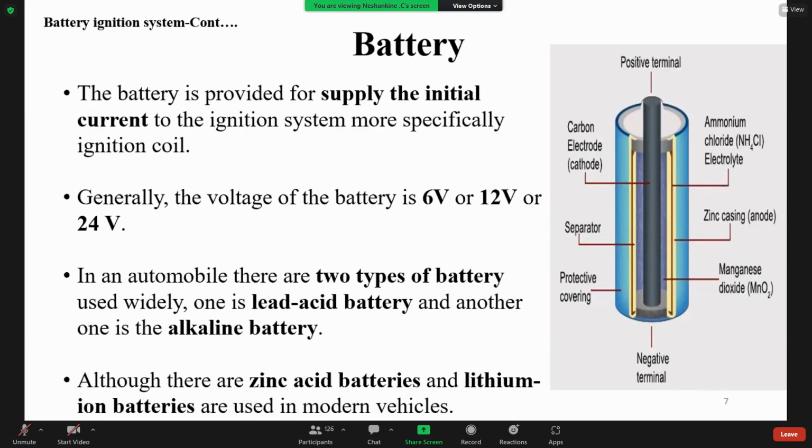In your discussion part, you have to discuss or write about the features of these four types of batteries. Okay, understood? Yes, ma'am. Note it down.